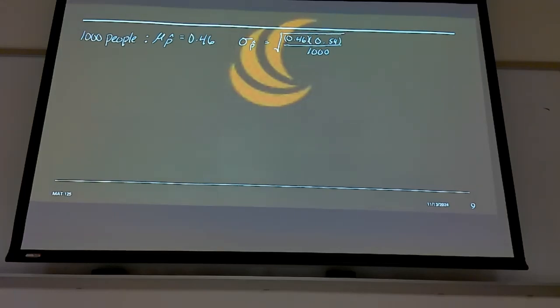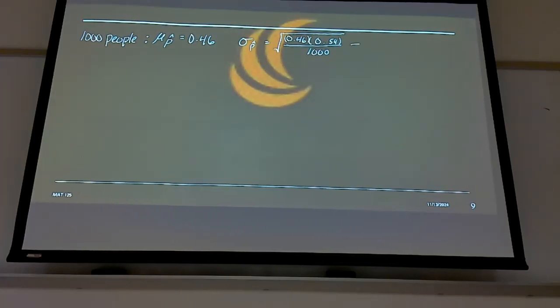Now we're taking the square root of 0.46 times 0.54 over 1,000. That is going to change the standard deviation. Yeah, 0.016.